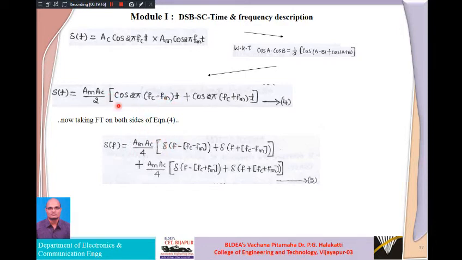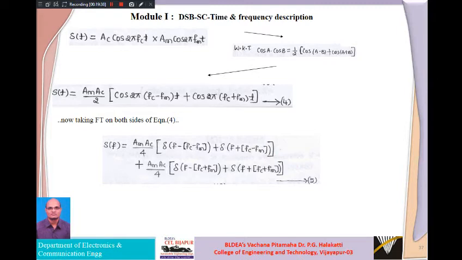Once again a half gives you a division by 4, with the respective sidebands. Delta of f minus this and delta of f plus this, the respective lower and upper sidebands, impulses located at fc minus fm and fc plus fm. Make a correction here, this is fc plus fm.